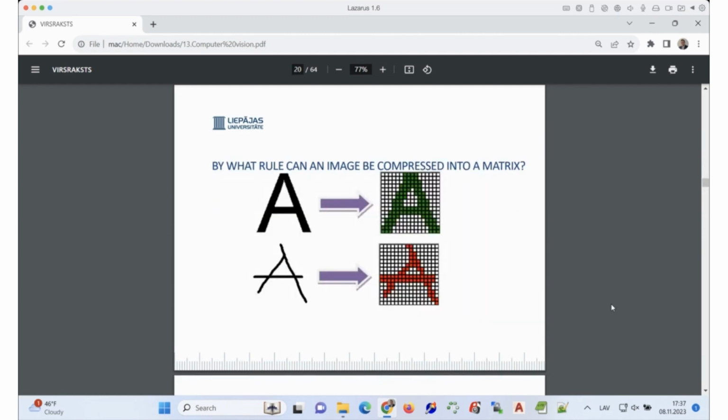You can think of those sectors as elements of a two-dimensional matrix, and in the end you will get two-dimensional matrices for every symbol, which comes from the library and which comes literally from the drawn image, and then you compare them. And based on this comparison, you receive the result.